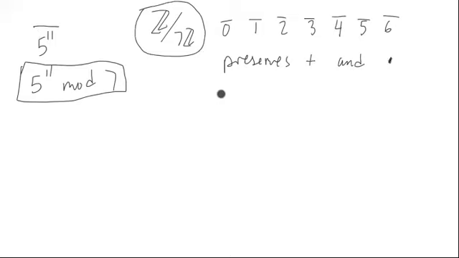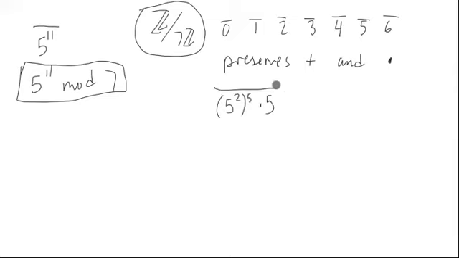That means we can take things in and out of the bar as much as we want. So we could write this as 5 squared, and then raise that to the 5th power, and then times 5.